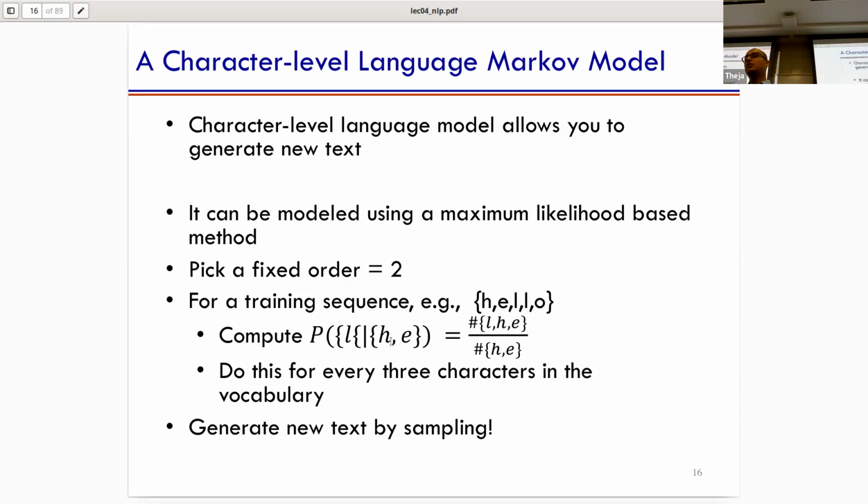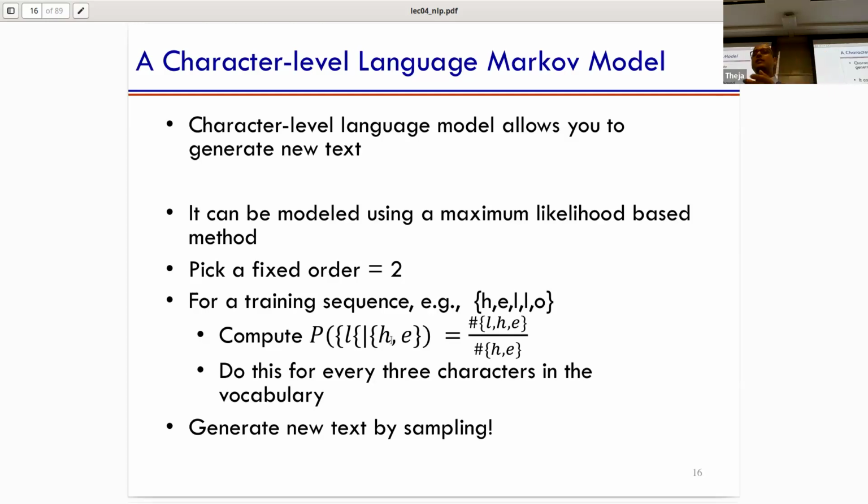So if I want to look at HE as my current focus, you look at where in your corpus H and E occur one after the other. Once you isolate the instances, you count them, and then you see in each occurrence what's the next character succeeding them.